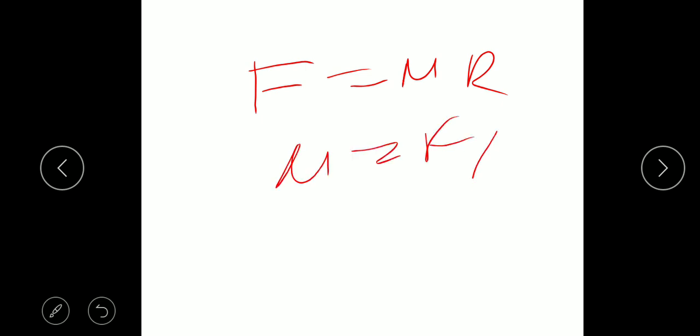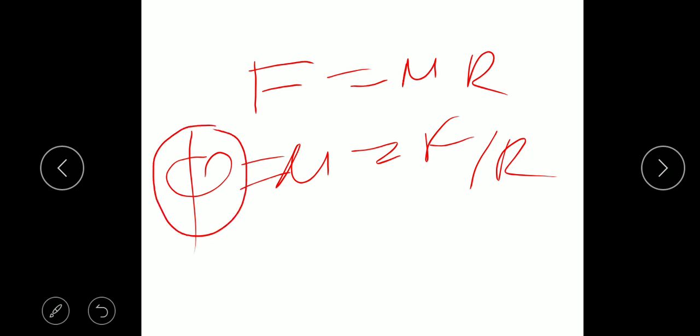We have seen the formula for friction, F is equal to mu into R, and if you rearrange this equation, then mu is equal to F by R. So according to the proved theory, we can say phi is equal to mu, meaning the angle of friction is equal to the coefficient of friction, equal to F by R. So we can define the angle of friction in a different way: the angle of friction is the ratio of force of friction to the normal reaction. So this is all about the friction chapter.